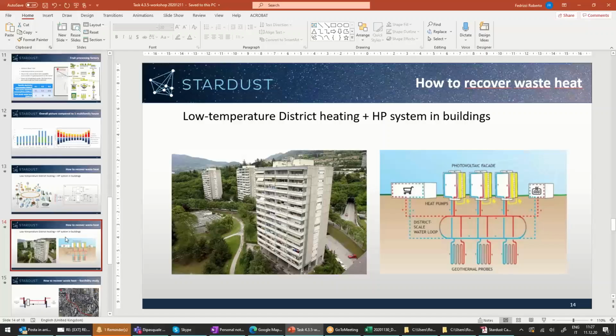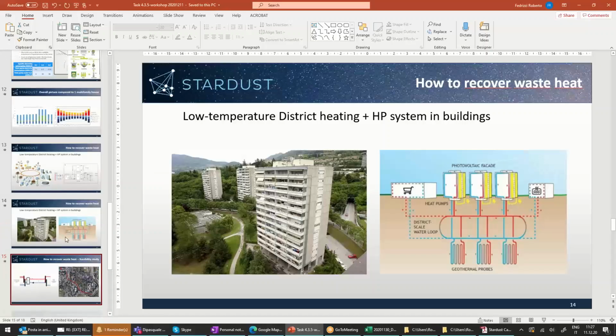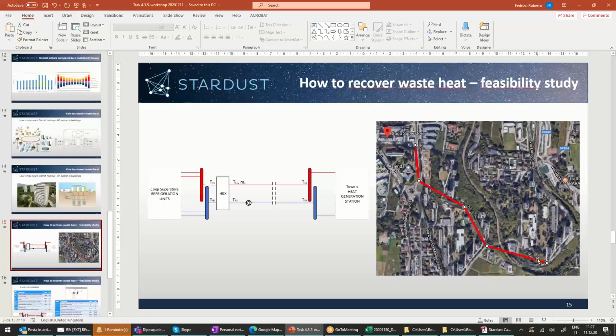So this is the rationale behind, and here we have made a small feasibility study to understand how to bring waste heat, for example, from the superstore, the first I showed you, all over the street to the three tower blocks.